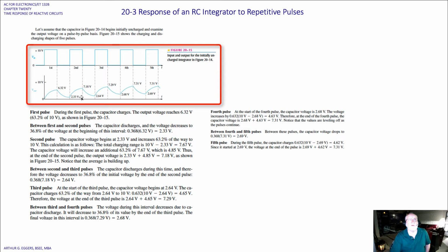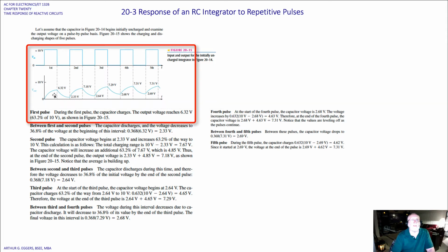So 2.3, 2.6, 2.68, 2.69, and so on, stays within the capacitor as it holds its charge, because it hasn't been given enough time to completely discharge.